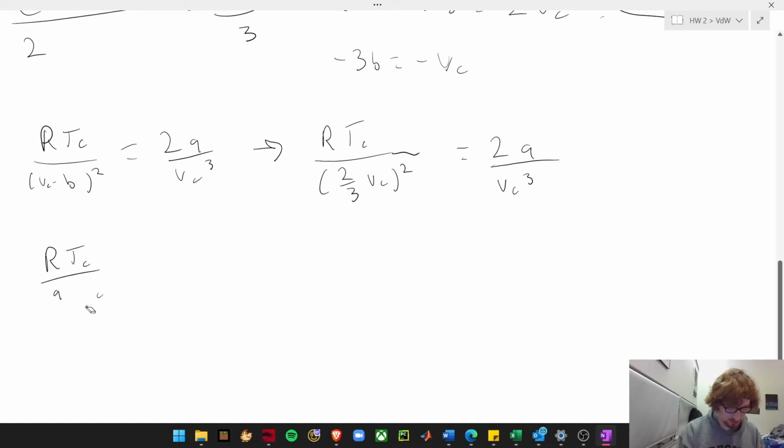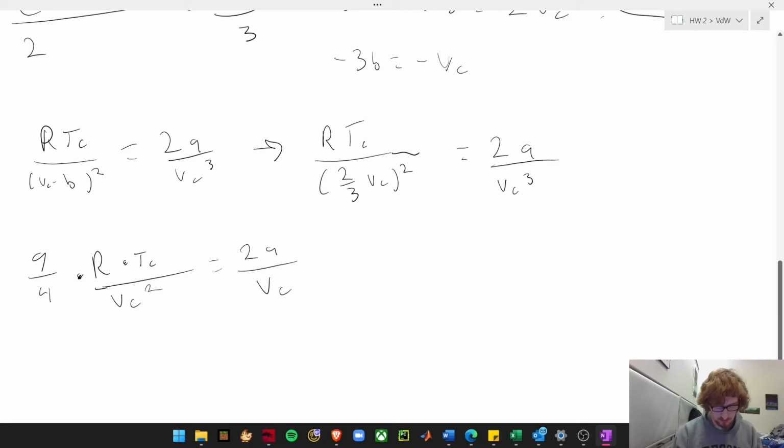Actually, let me rewrite this. We'll rewrite it as 9/4 times R times our critical temperature, all over VC squared, equals 2A over VC cubed.